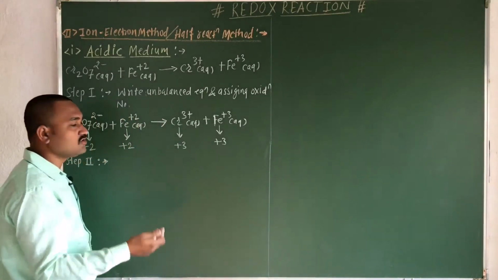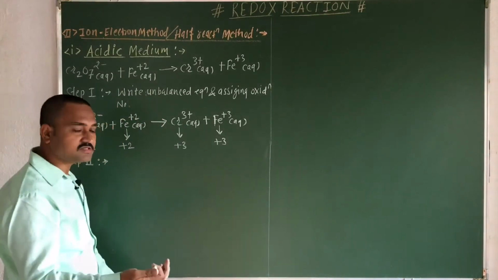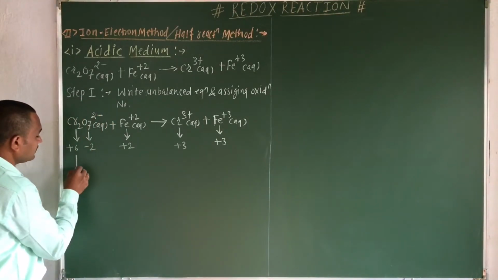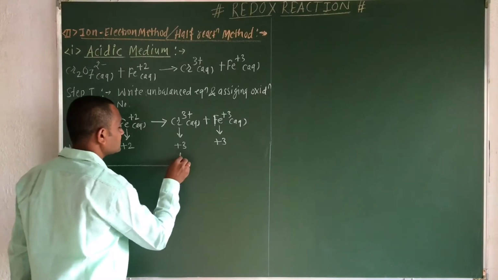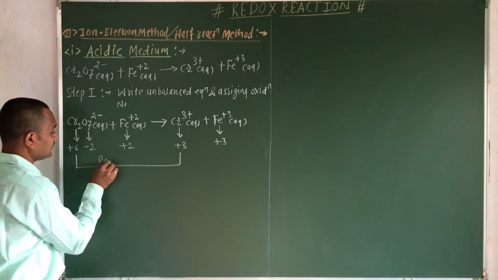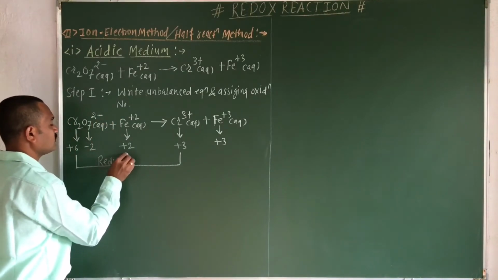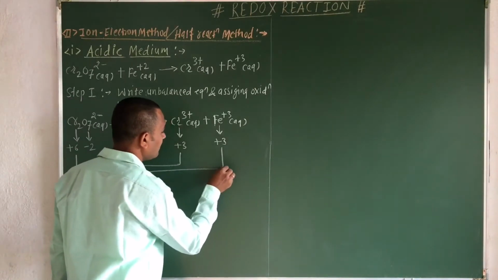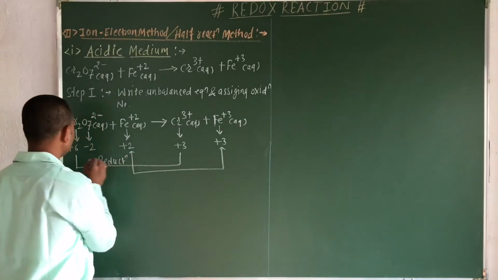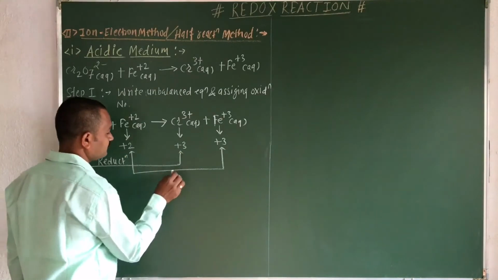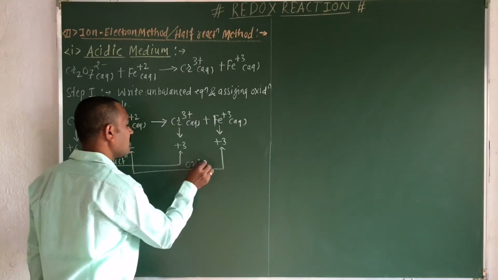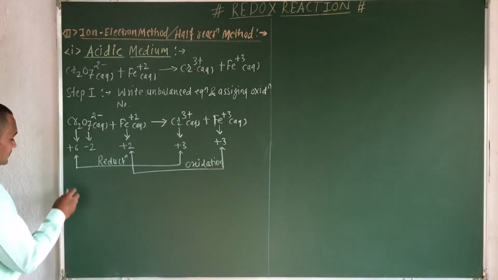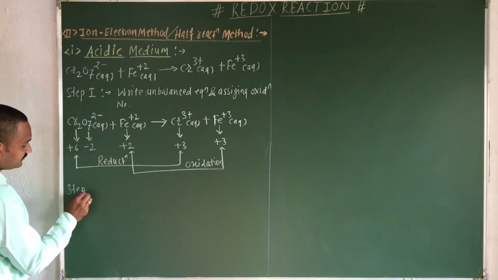So there is an increase in the oxidation number, so that will be your oxidation reaction. So this is nothing but your reduction reaction, and this is nothing but your oxidation reaction. Now let us go to step number 2.